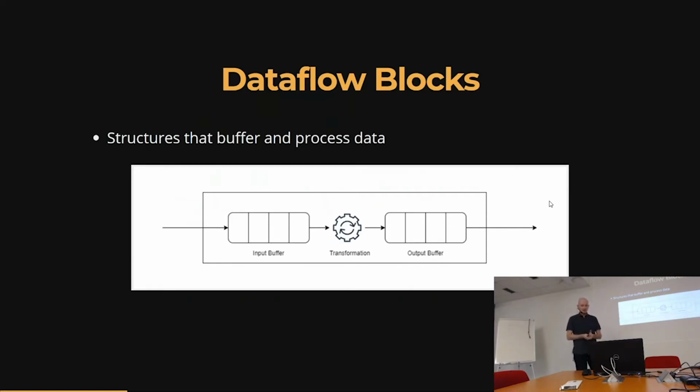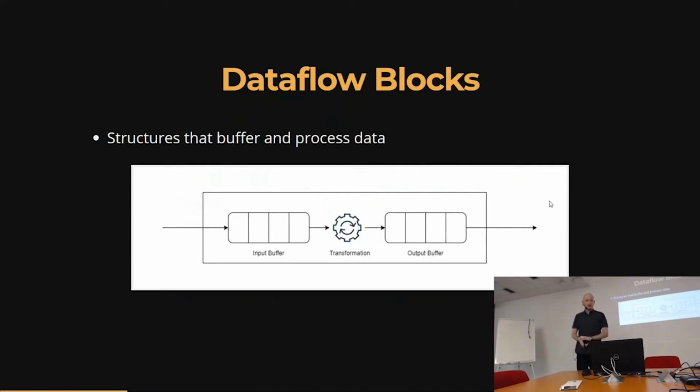So in general, the Dataflow block might look like this. It has an input buffer where the data coming into the block to be processed is stored. Then it might have some transformation function that takes the data, processes it, and the output of the transformation is stored in the output buffer. This is the most general case and the most usual one.